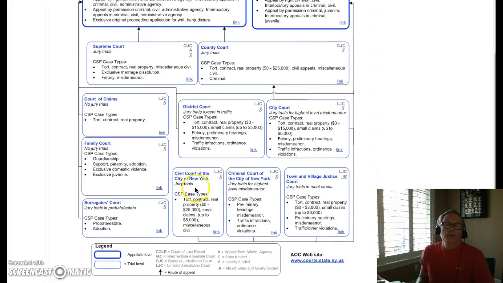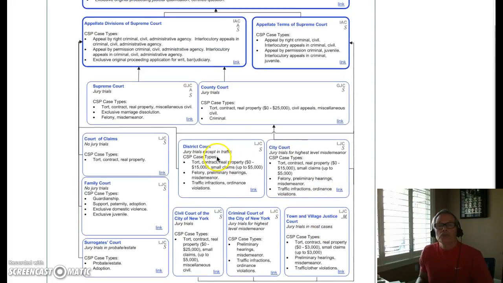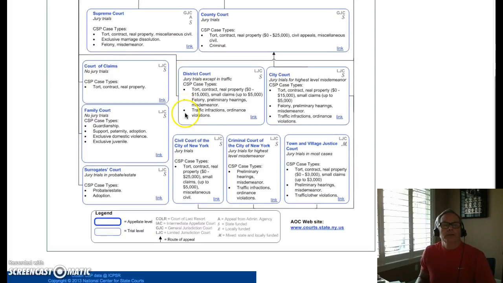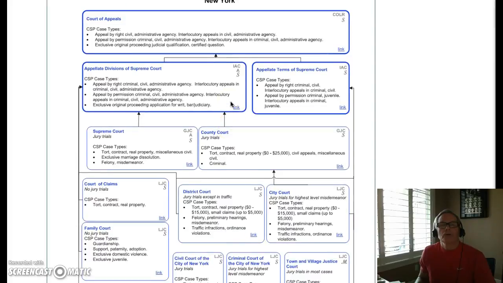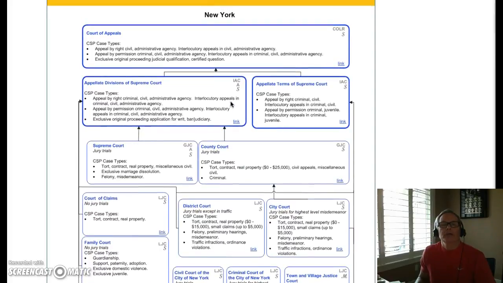So if you decide to do New York, the town and village justice court might very well have a different criteria for justices, rather than, let's say, a district court or a city court or a county court. So again, it's your call. If you take a state like New York, then you may have to evaluate each of the courts unless by statute all those judges have to have similar qualifications.